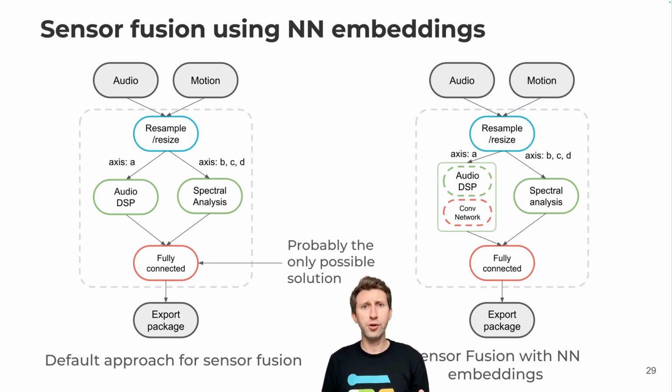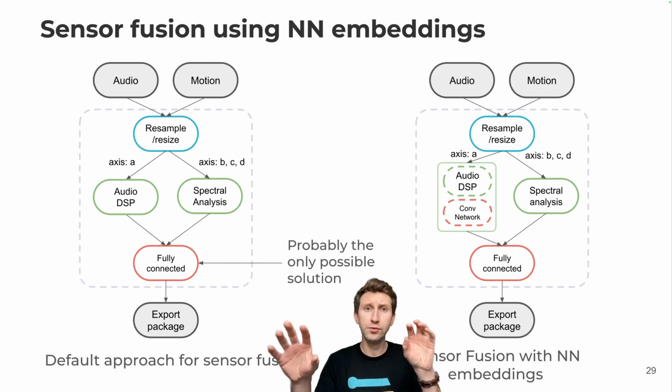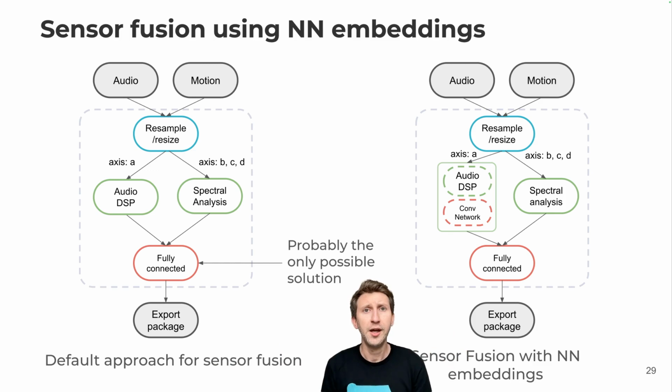The default approach is to use the two DSP blocks that are available. When using separate DSP blocks, you're constrained in the choice of neural network, because the features extracted from each data type can be fundamentally different. For example, a pixel in an image or a spectrogram and a data point from an accelerometer have basically nothing to do with each other.